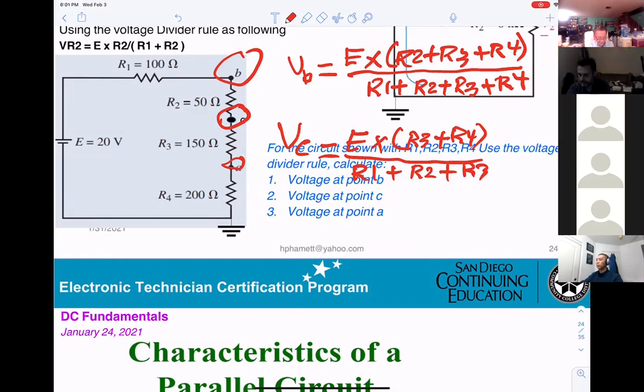Right. Okay? Yeah. So now if you want the VA right here, then it will be E times what? Times R4, divided by total. Okay, perfect. Now do your calculation so we can get the answer for everyone.